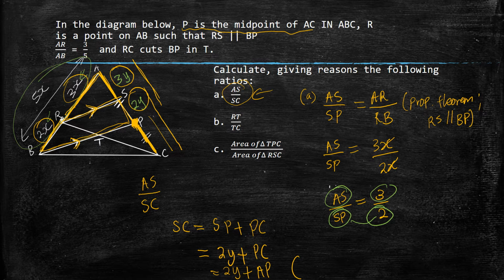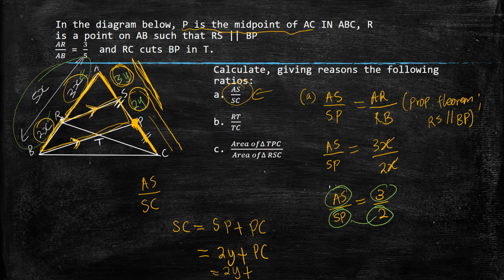I can write the reason to say PC is equal to AP by midpoint theorem, because P is the midpoint of AC, right? So I'm just replacing my PC by AP, because I know P is the midpoint. It cuts the line into half. It means that this side and that side are equal. What is our AP? Our AP is equal to 3y plus 2y. Okay, so that one will be equal to, or maybe let me just write it here.